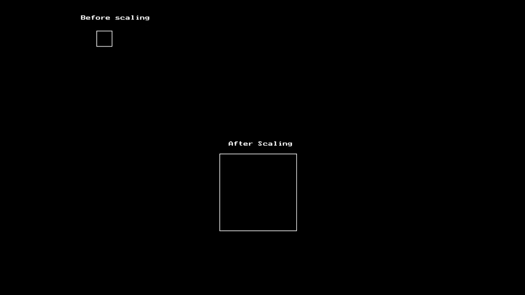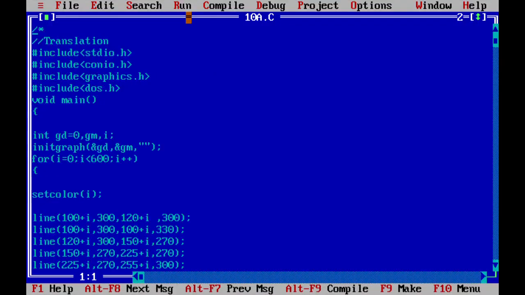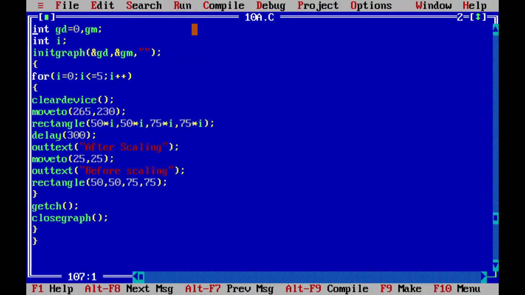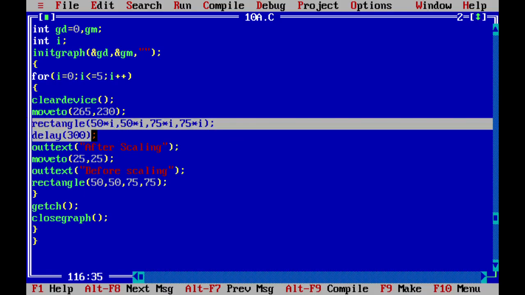Before scaling, it was very small, and after scaling, it is becoming so big. So what we did in this code, we have multiplied the scaling factor. It's only a rectangle. So we have multiplied the scaling factor. The scaling factor here is the i. So we are just giving a value, that is the scaling factor, in both x and y equally.